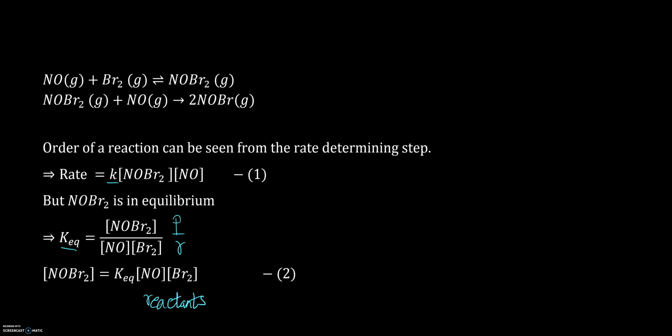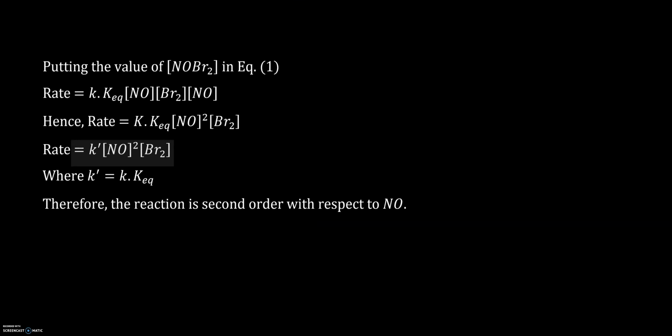Once we do that, we just substitute this back into this, and we can get the order of NO. So we do that here, and the rate now is equal to just multiplying both of these, small k and capital K. Remember, for kinetics, we use small k, which is the rate constant, and capital K talks about equilibrium.